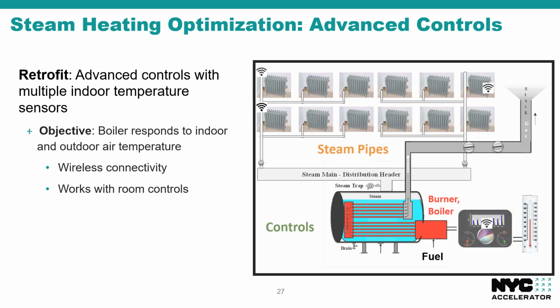Most boilers operate based on the outside air temperature only, but this may not reflect what the temperatures inside the building feel like, which is what leads to overheating in buildings. When you install wireless temperature sensors and boiler controls that communicate with them, it allows the boiler to read temperatures inside and outside the building instead, which lets each unit get the right amount of heat at the right time. Next slide, please.